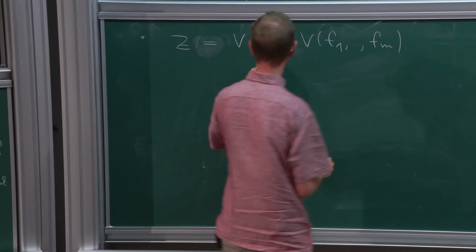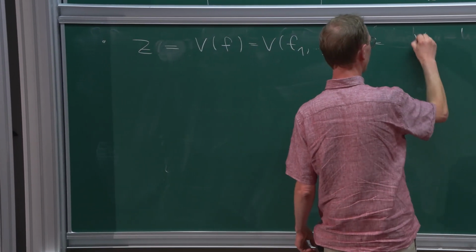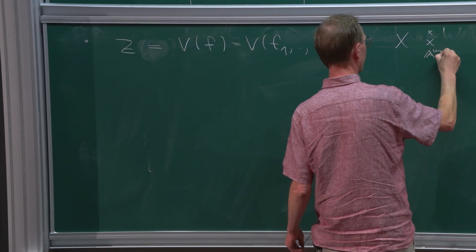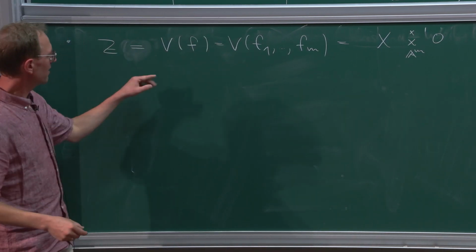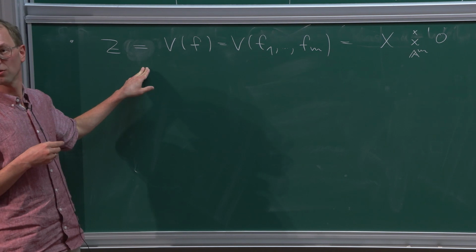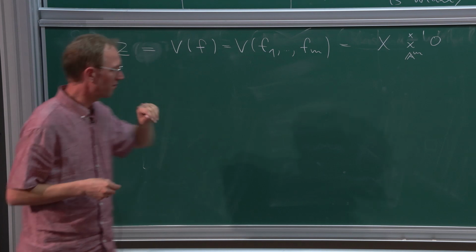Really think of this map F as m functions. This is by definition just the derived pullback of A^m of the origin. In other words, if X is affine, this thing is represented by this Koszul derived ring where you mod out by F1 to Fm.